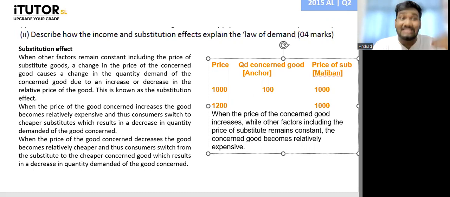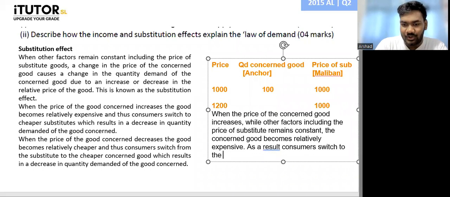My relative price is higher. So when the price of the concerned good goes up, the good becomes relatively expensive. As a result, consumers switch to the cheaper substitute.